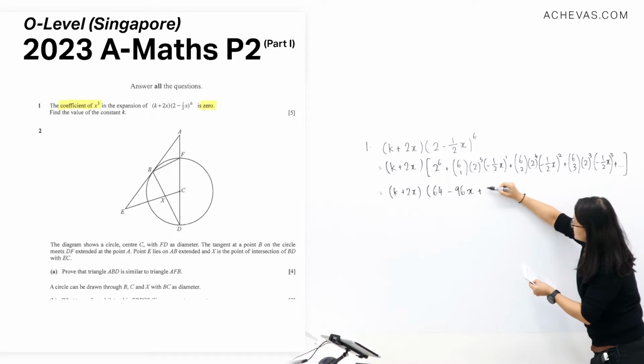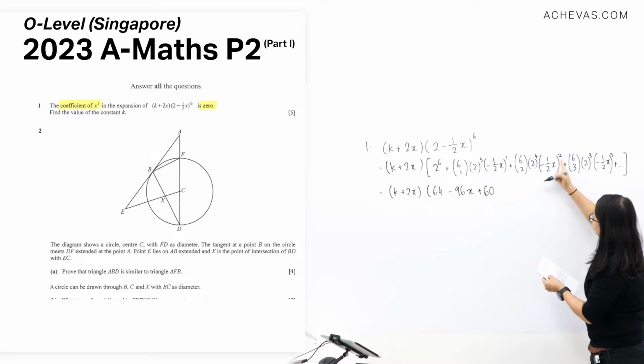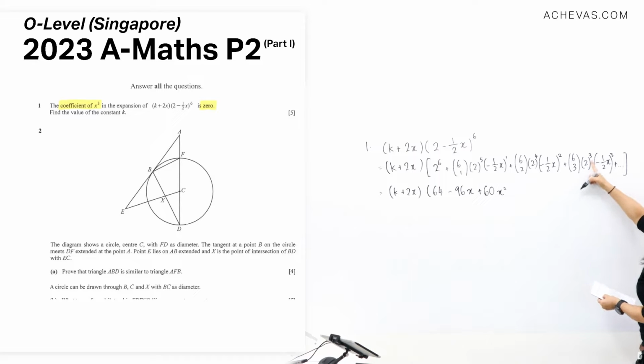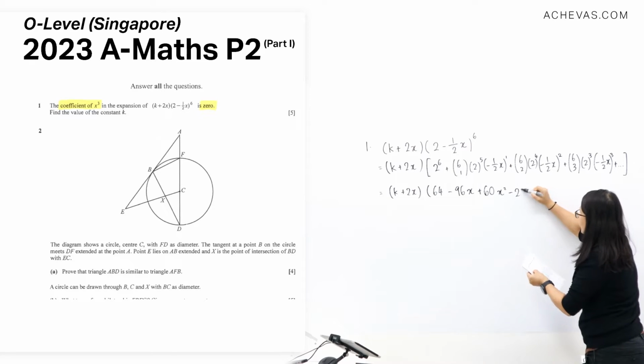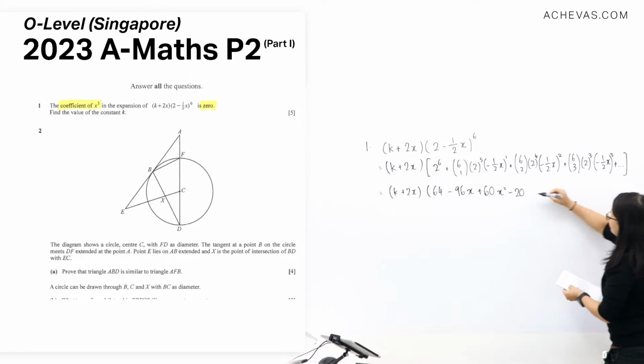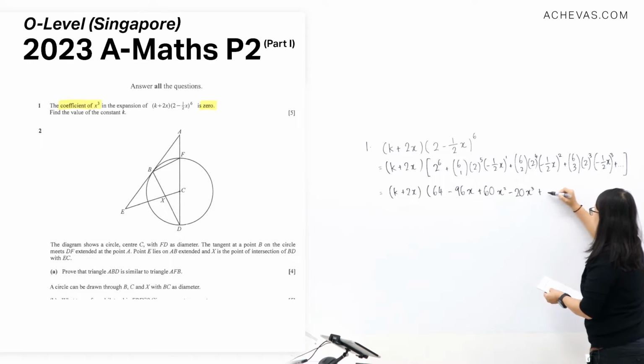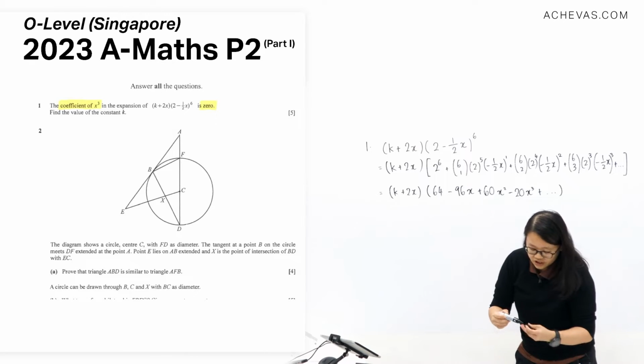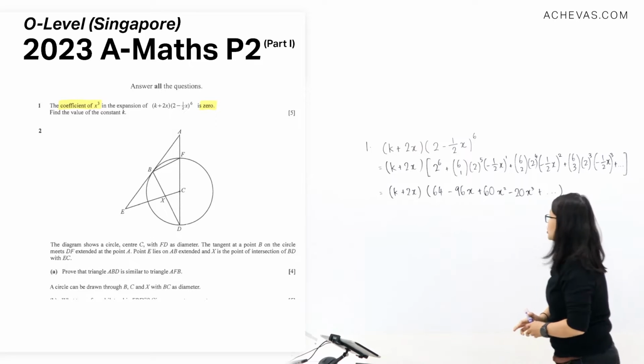This will give me 60x squared. And this term over here, 6C3 times 2 power 3 times negative half power 3 will give me negative 20 x power of 3. And so on. So let me focus on checking the x power 3 terms.